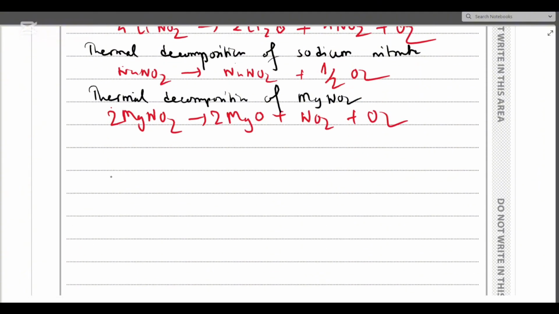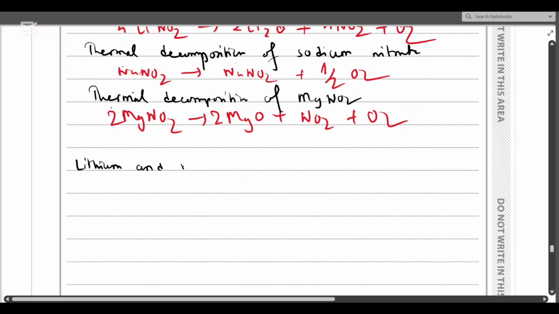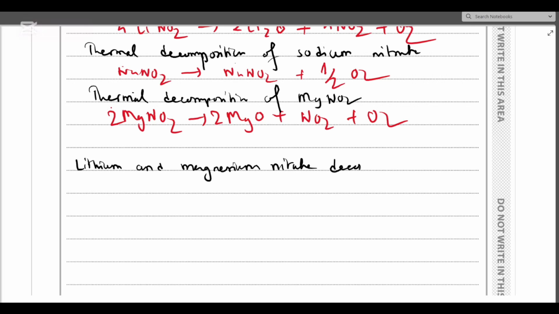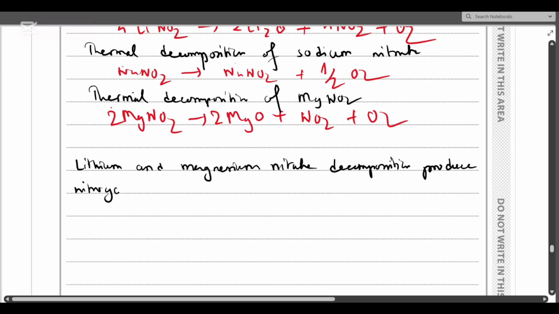So we can say that lithium and magnesium produce nitrogen dioxide. Okay, you can see that very clearly. But what is not produced in the case of sodium nitrate?